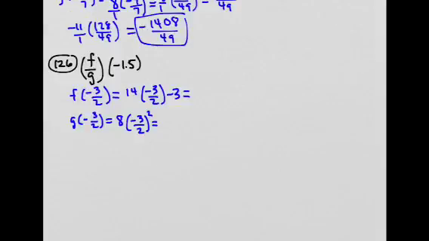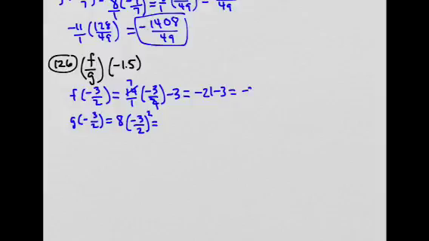Okay, for 126, I've set that one up also. Notice how I changed the decimal to a fraction. And the reason for that is because I see that I can reduce 14 and 2, so I put 14 over 1 there. 2 goes into 2 once, and 2 goes into 14 7 times. So 7 times negative 3 is negative 21 minus 3.